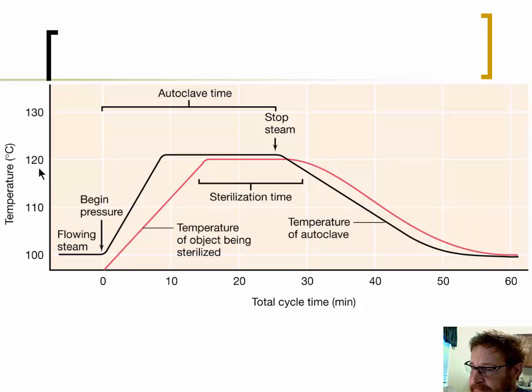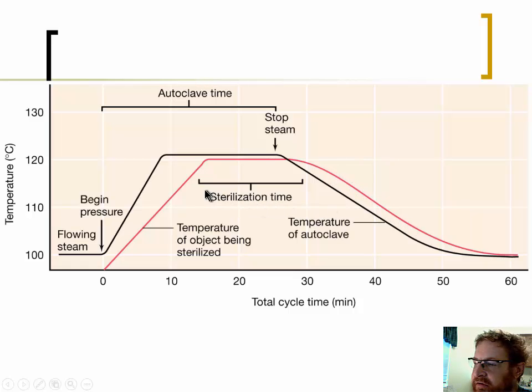So we can draw it: we start the steam in, and then it takes a bit of time to get up to that 121 degrees centigrade. The objects inside will lag behind a little bit, both on the front end and on the back end.